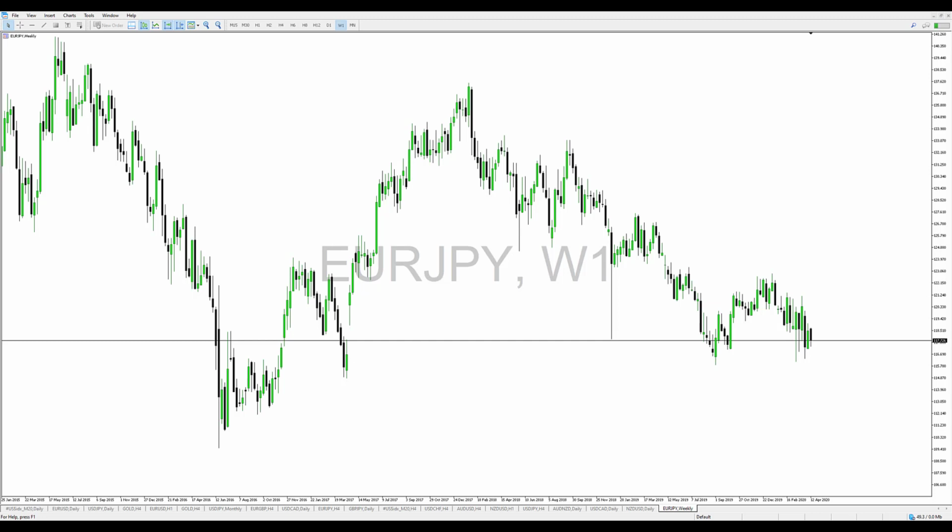So, what is a resistance area? A resistance is an area on a chart where sellers are likely going to overwhelm the buyers, causing the market to go to the downside.